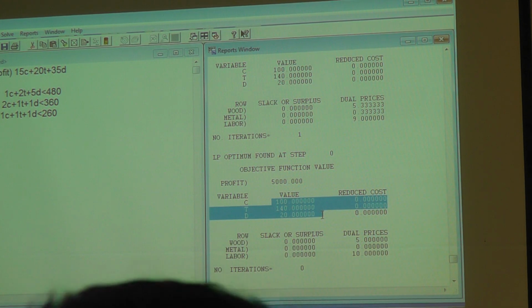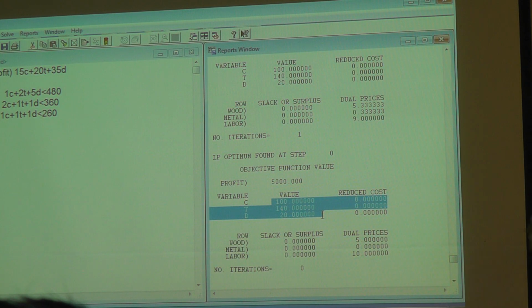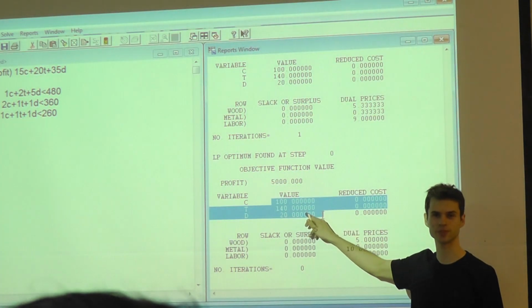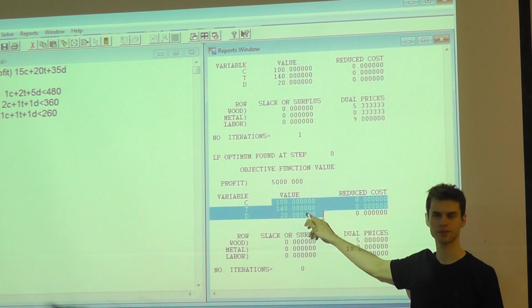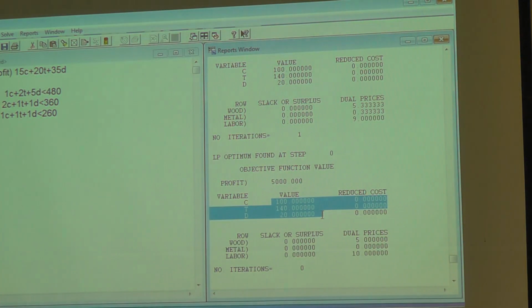And now you see that there are 4 zeros here, but only 3 of the variables are basic. I can figure out which ones: I have 3 non-zero numbers here, so these variables must be basic.